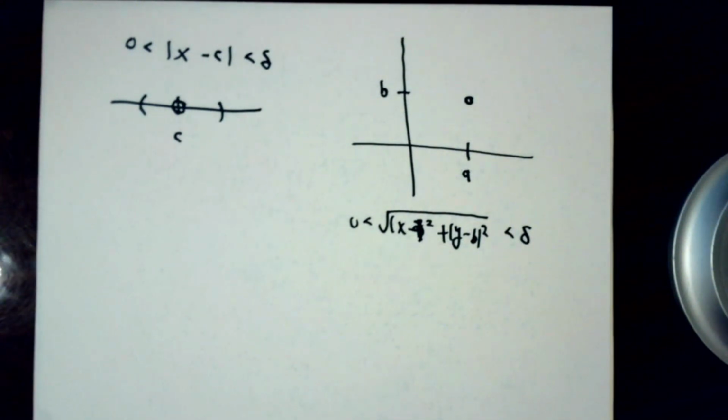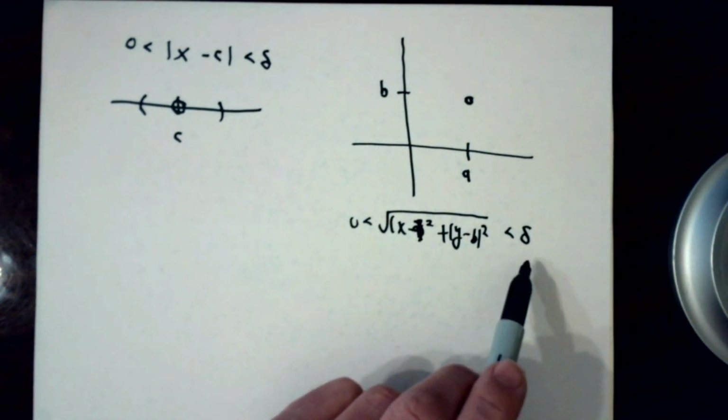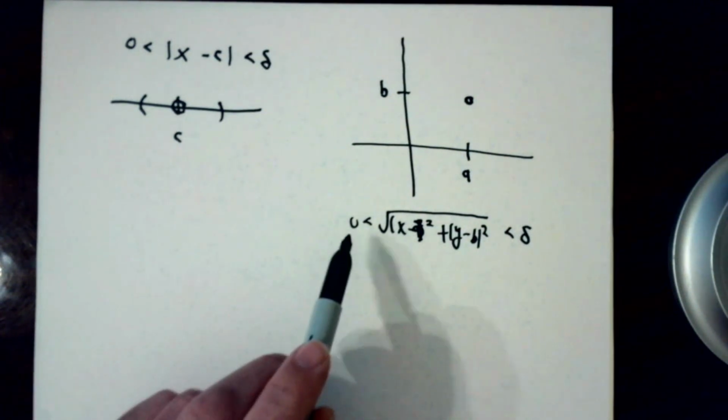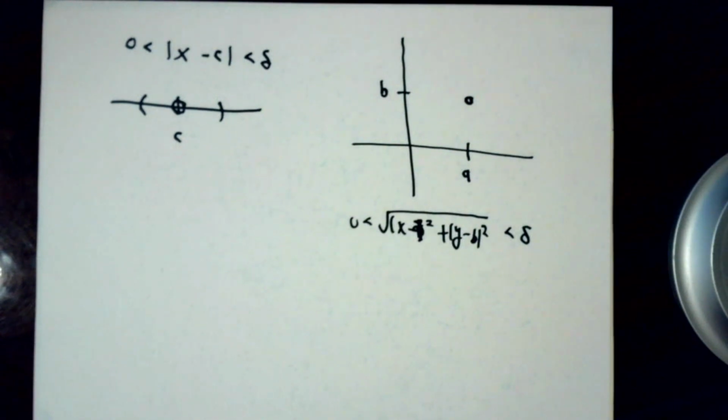If I have a point ab in the plane, and I want to think about all of the places where the distance from ab to point xy is smaller than some number delta, but bigger than 0, the bigger than 0 part just means I don't look right at the point ab. The delta part means the distance is smaller than delta, but it says nothing about which direction I'm in.